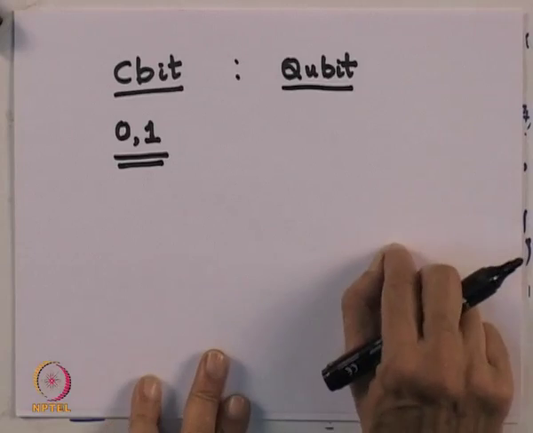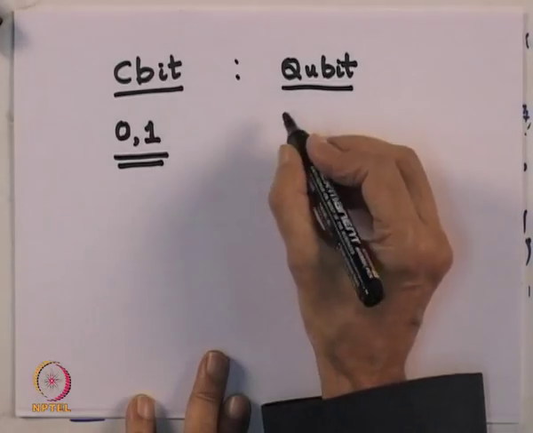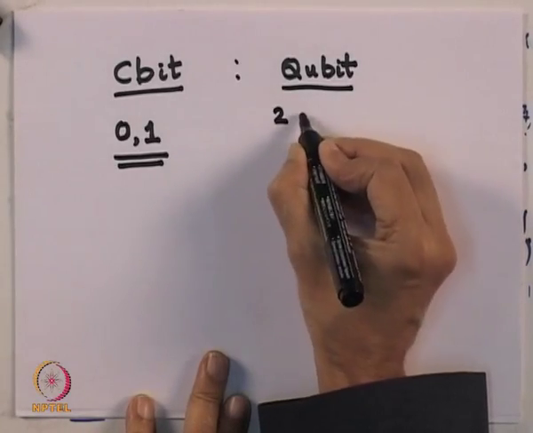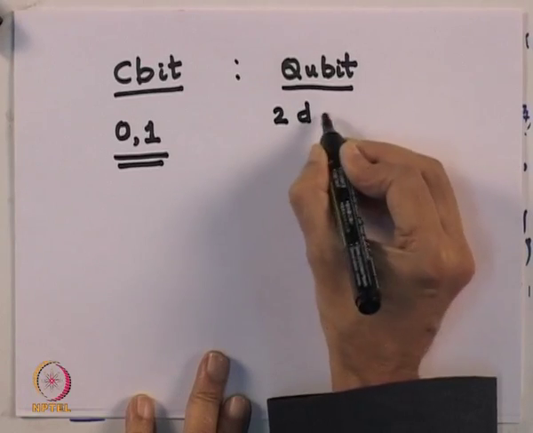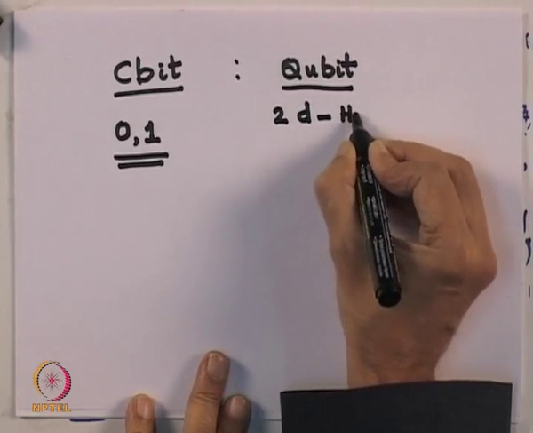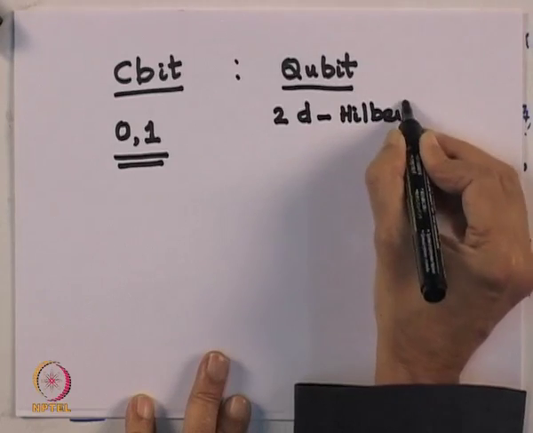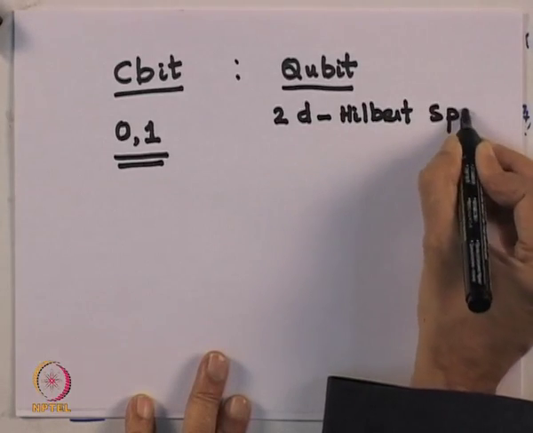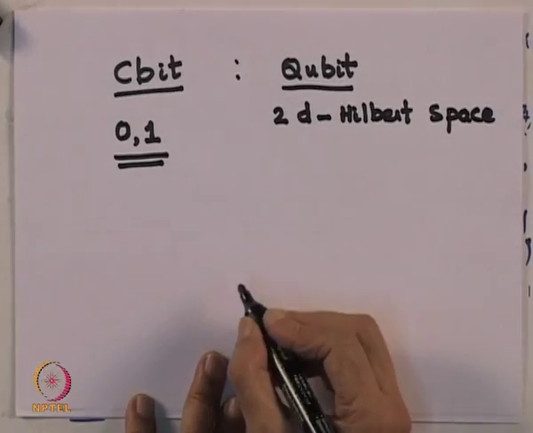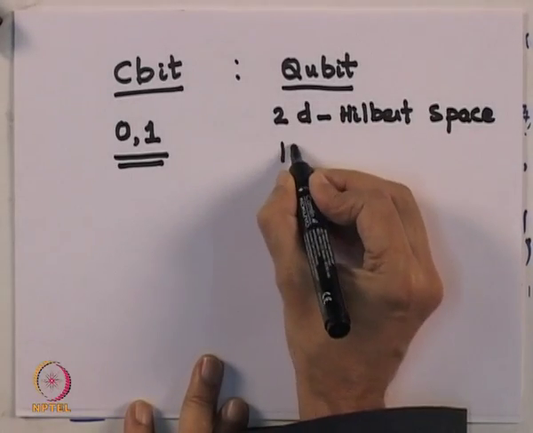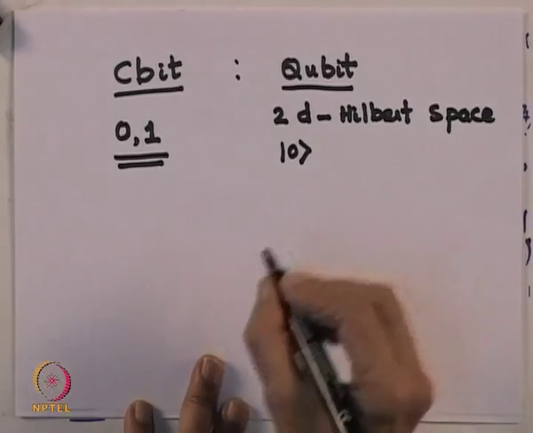So what I will say is this, that I am working now in the smallest space that is possible. This is a two-dimensional Hilbert space, in which I will represent the states by a 0 or a 1.